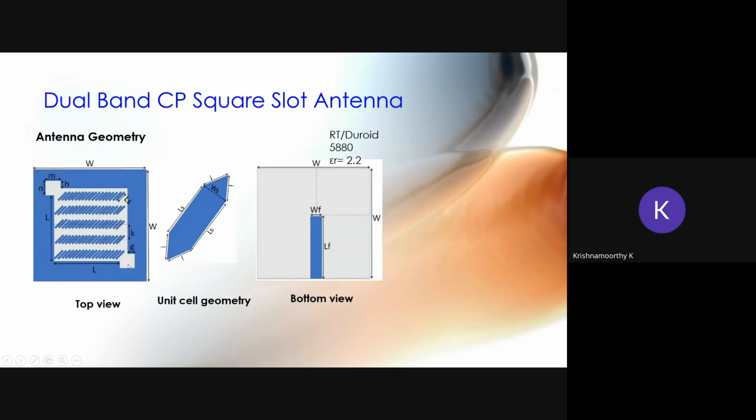We know that in the conventional microstrip antenna, if you want to get the circular polarization, we have to do corner truncation. The opposite effect we tried here in the slot: instead of truncation, we expanded the corner so that we can get the circular polarization.